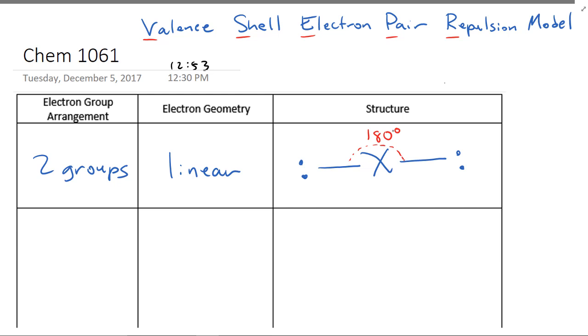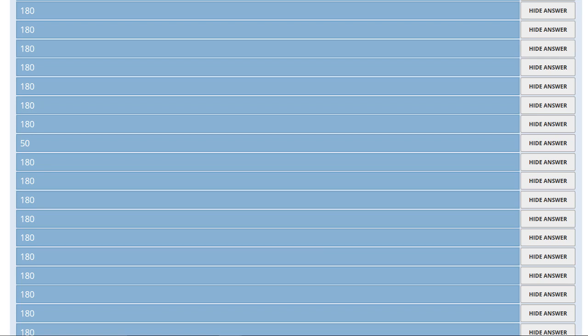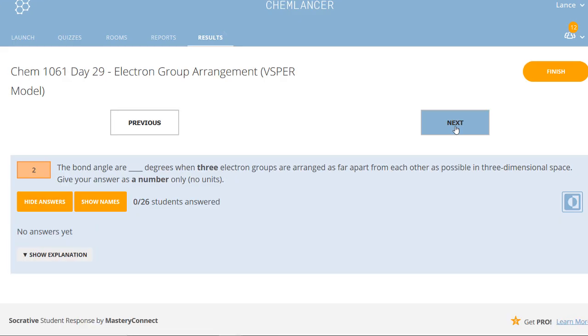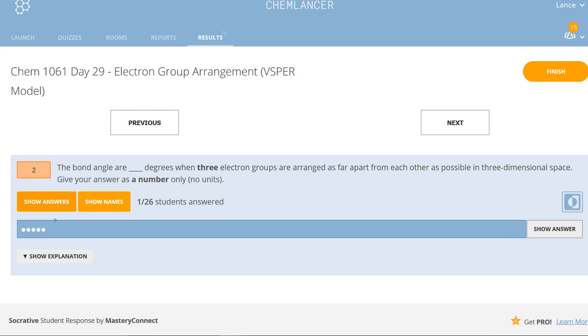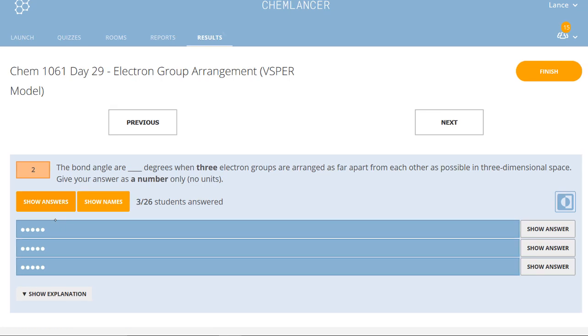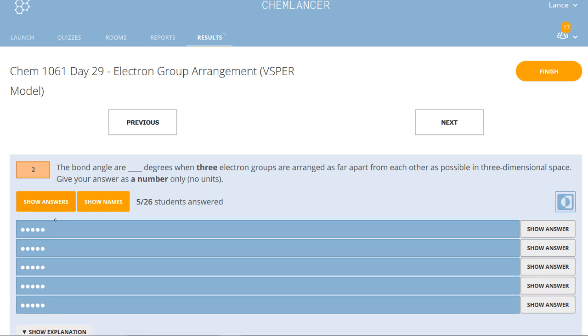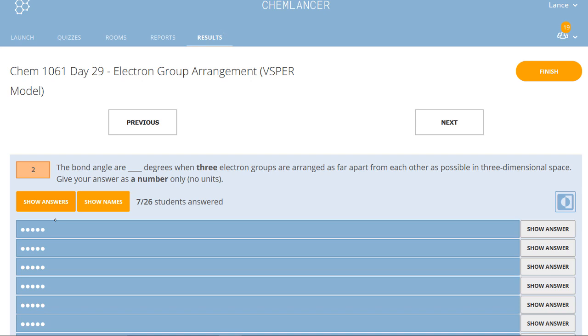If we have three pairs, or three groups, around the central atom, what would that bond angle be? Let me try to tie this a little better so they stay together.